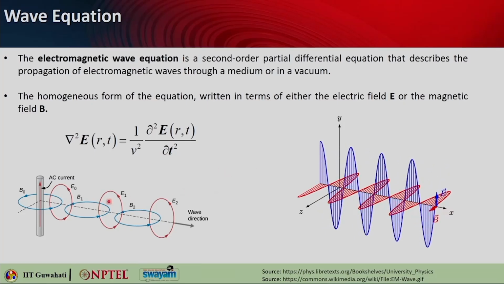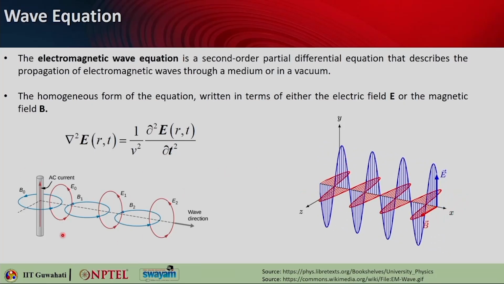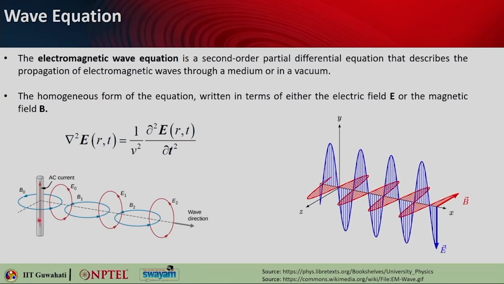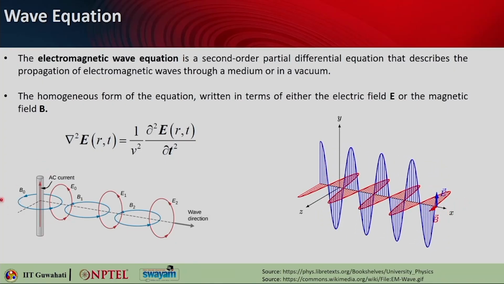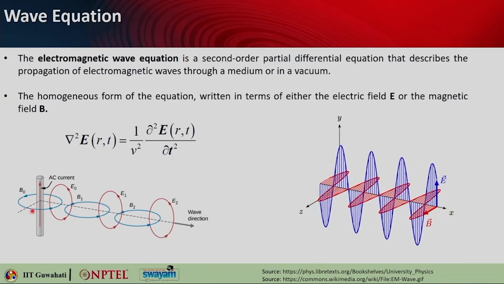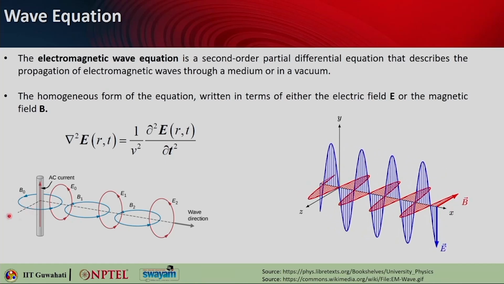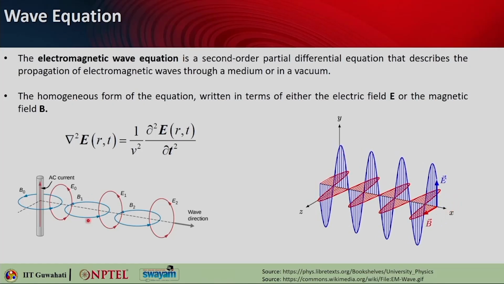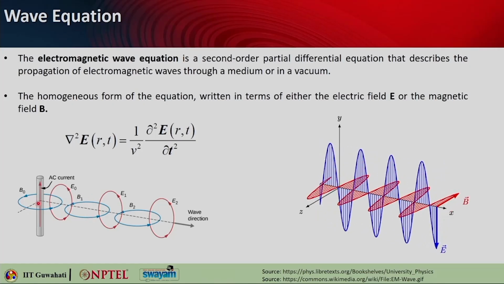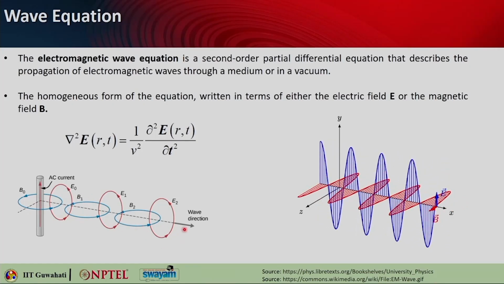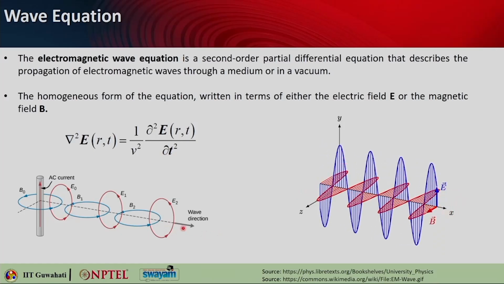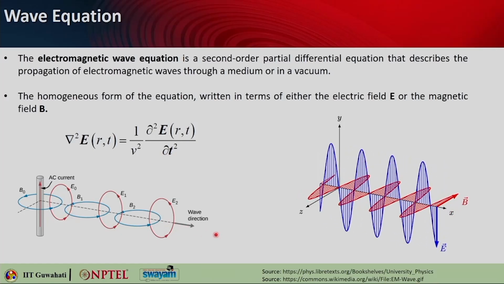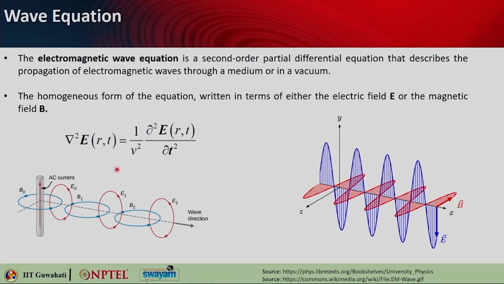This is also another diagram that tells you that a current has a magnetic field around it, and the magnetic field generated also generates an electric field, and so on. So this is how the electric and magnetic field lines are getting coupled, and the electromagnetic wave is propagating in this particular direction. You can see the homogeneous form of the equation.